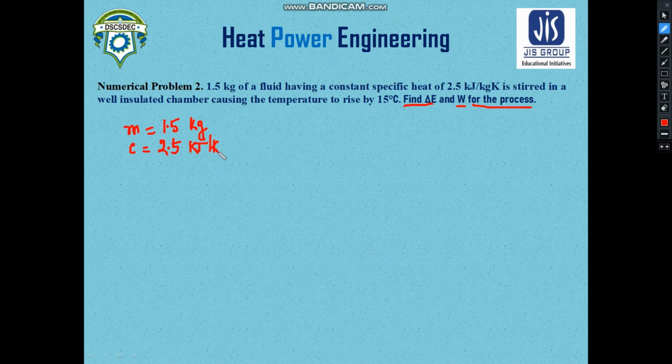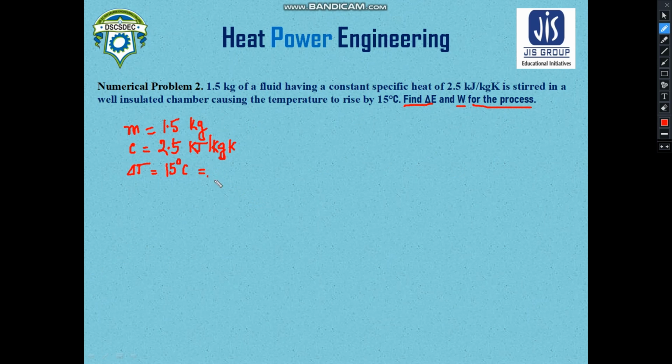Very easy to understand. And what is the rise in temperature? You can write delta T. The rise in temperature is 15 degrees Celsius, or you can write it as 288 Kelvin.